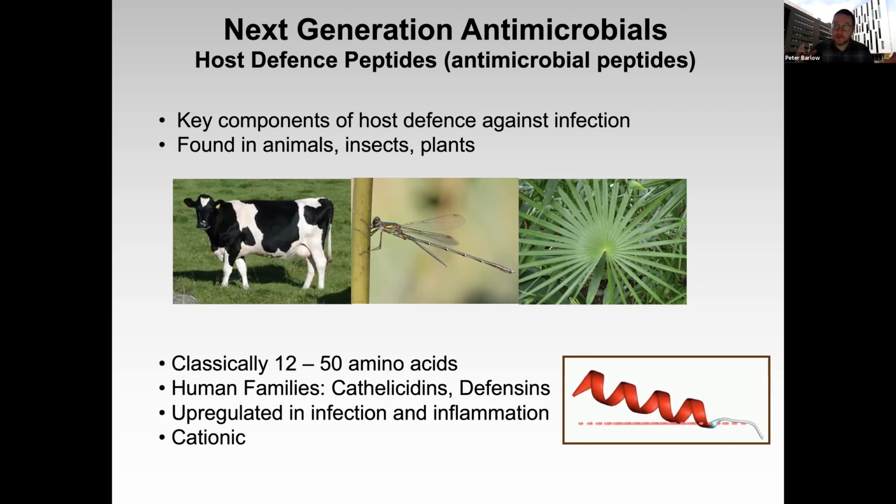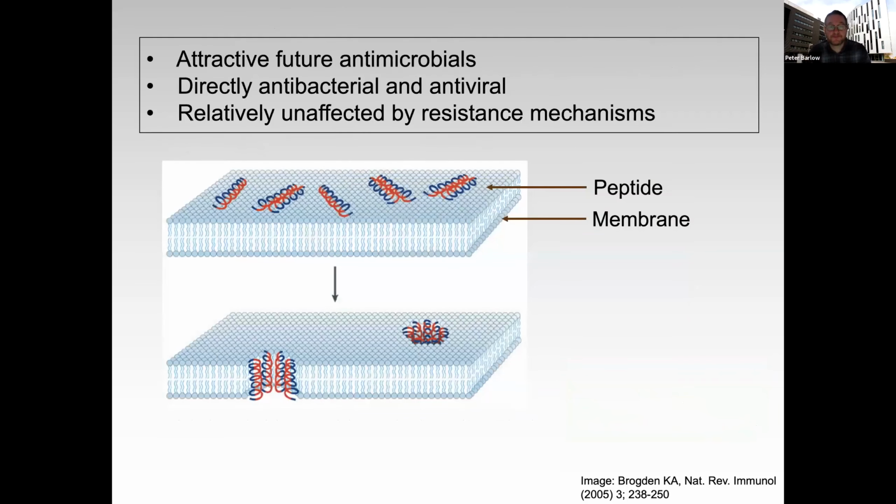When you get an infection or inflammation, these host defense peptides are upregulated and released by your immune cells and can destroy the invading infection. The reason they can do this is because they have a cationic charge, which means the peptides are incredibly efficient at binding to biological membranes.